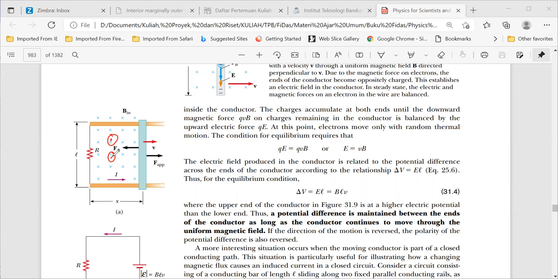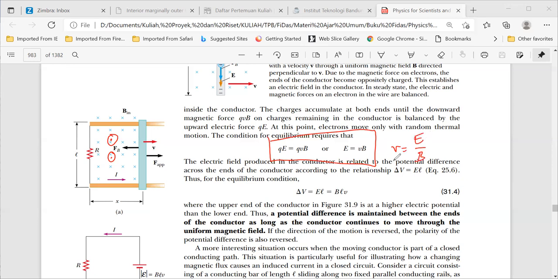Okay, as the time increases, this bar will reach equilibrium such that we have this equation. So the terminal velocity, the final velocity of the bar, is related to this electric and magnetic field.